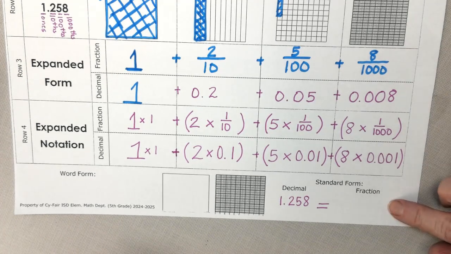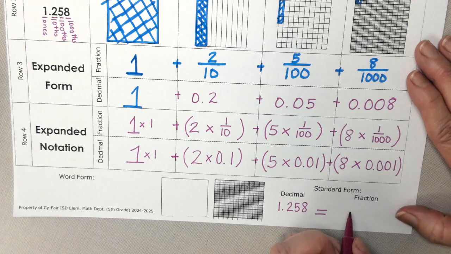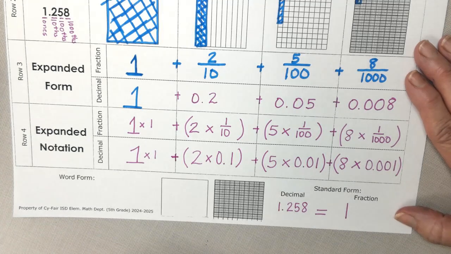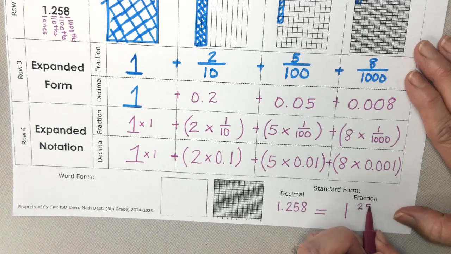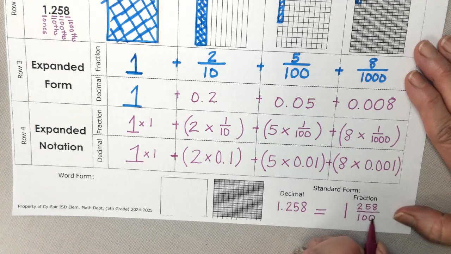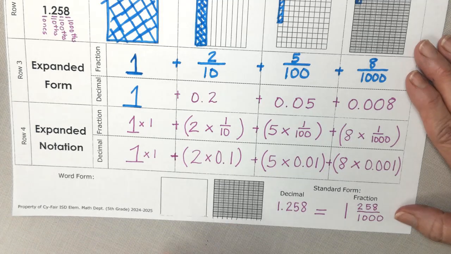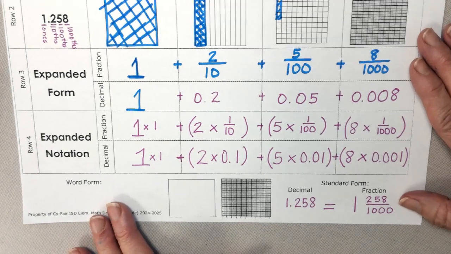But my fraction would look like a whole number 1 getting to stand all by itself, and the parts would be 258 out of 1,000. So now what we're going to do is we're going to shift.